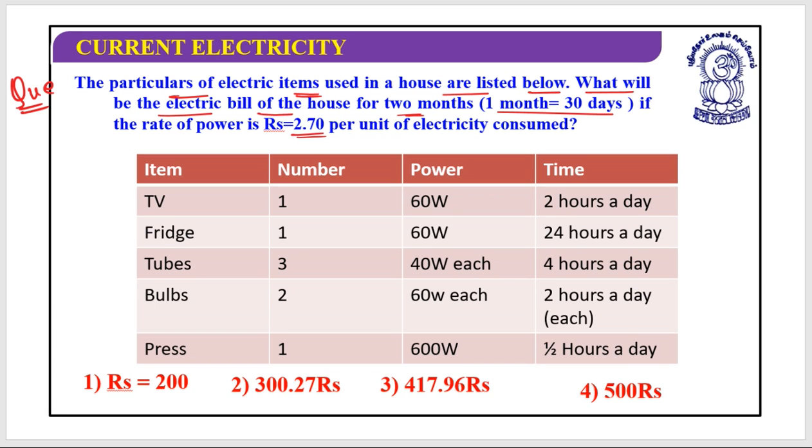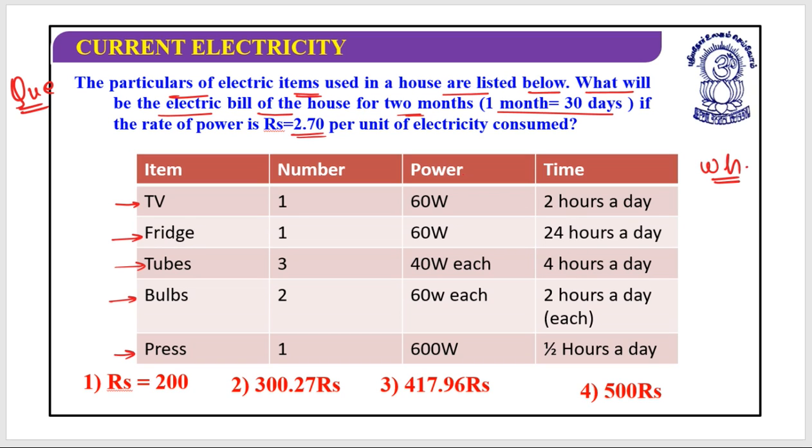Okay, great. So what is given? Television set, refrigerator, tubes, bulbs, and one press are given. So what you need to do is calculate watt into hour.